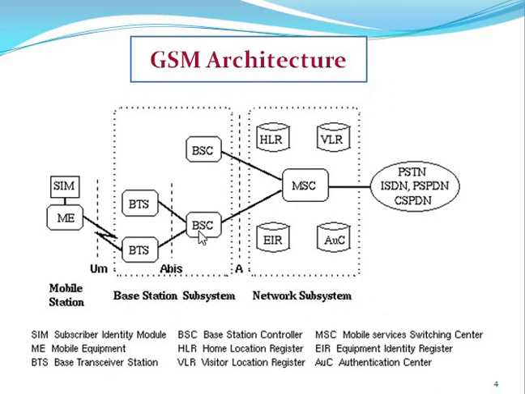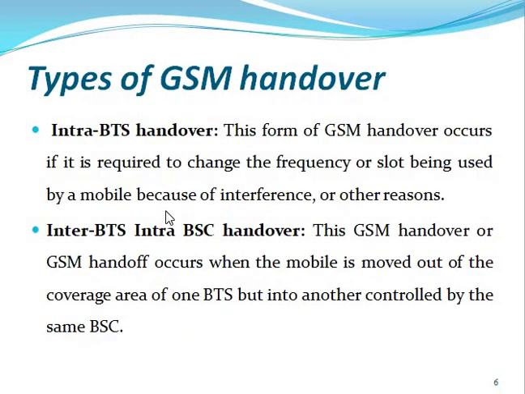So the BSC controls the BTSs, and the BSC is mostly connected to the mobile services switching center. If the network is lost and then received again, the BSC can inform the BTS directly and activate it.